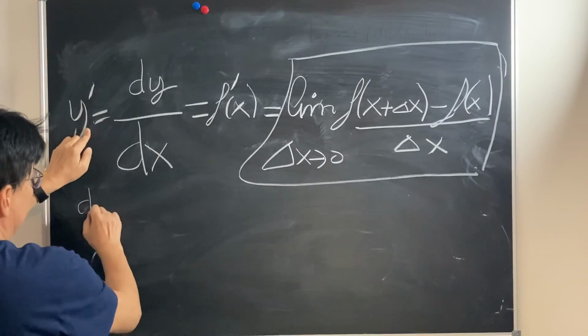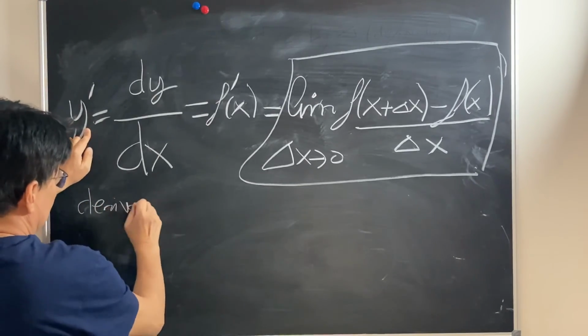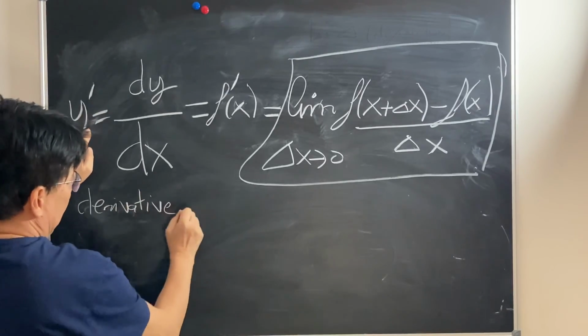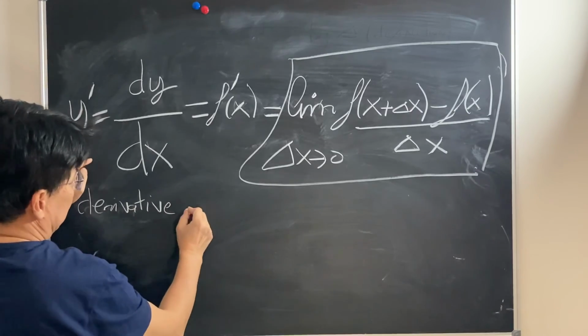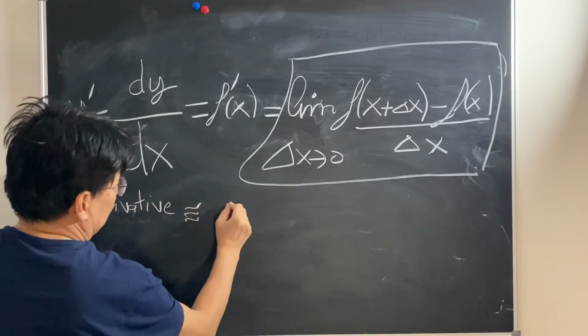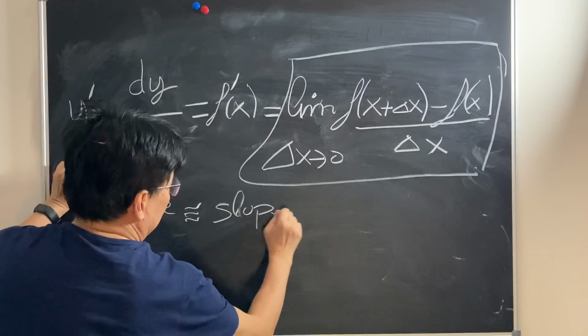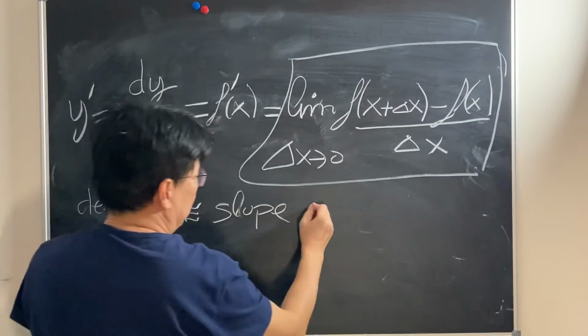You can call this derivative the slope of a function. Both are the same: the slope of the function.